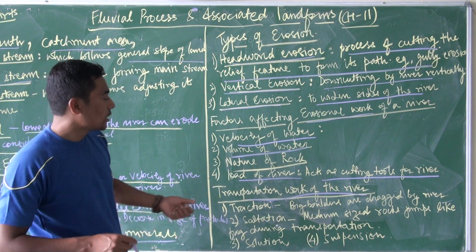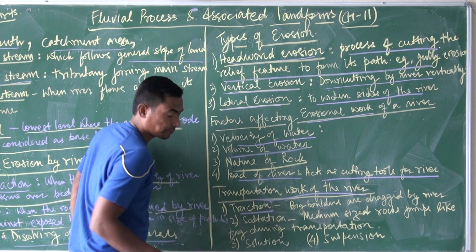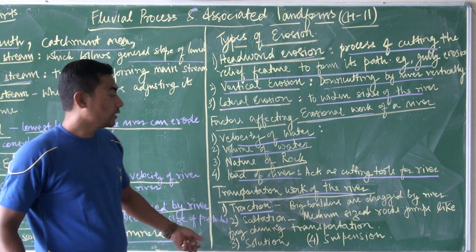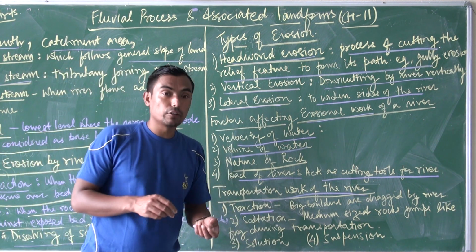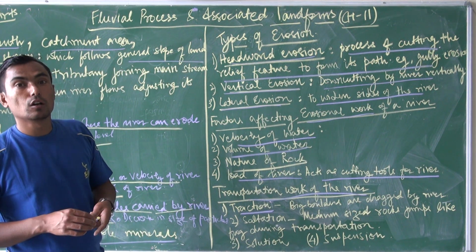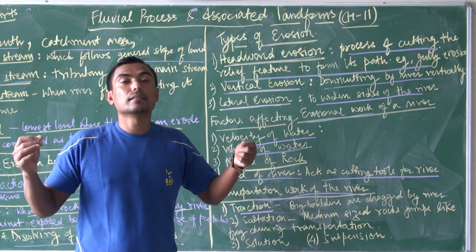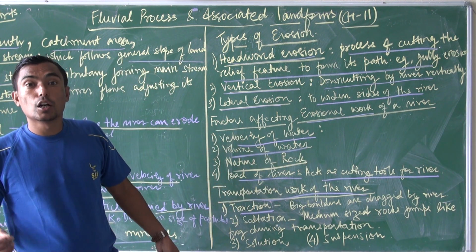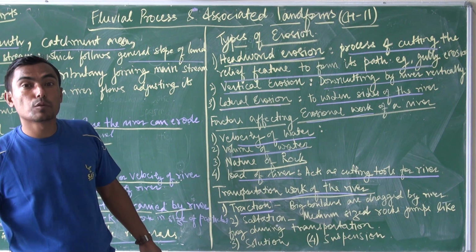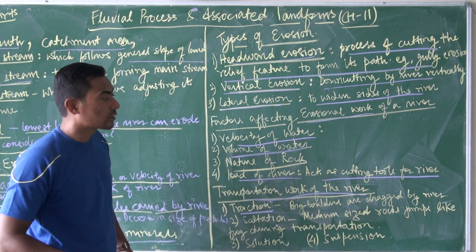So, in the transportation work of the river, first is traction. Whenever you go towards Siliguri, you will find on the banks of the river Tista that there are big boulders of rocks. How is it possible for a river to bring such big boulders? Those boulders are brought down by the river Tista through the process of traction.